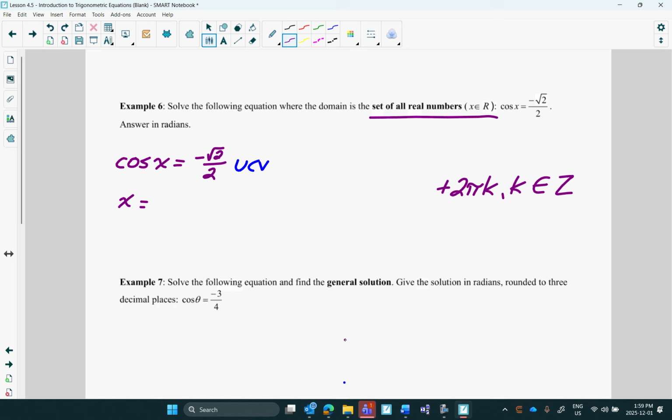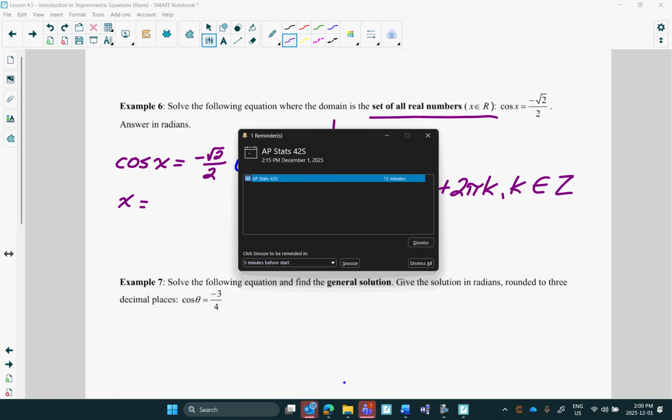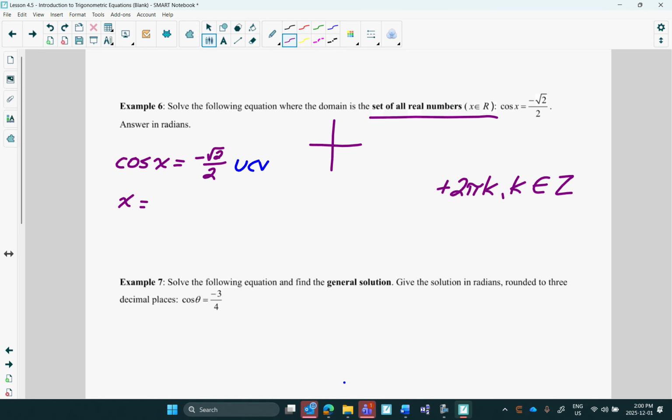Two pi over 3? No, because we're using the unit circle, we're getting directly to the answers. Between 0 and 2 pi, it's here and here: 3 pi over 4, and 5 pi over 4.